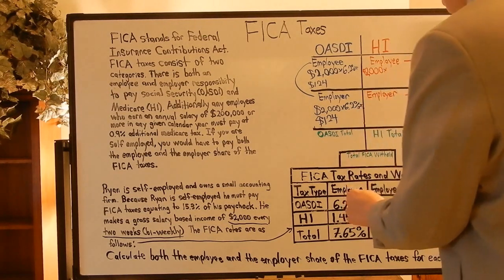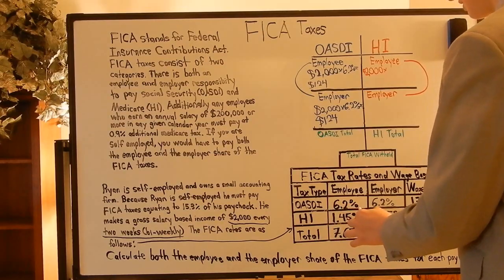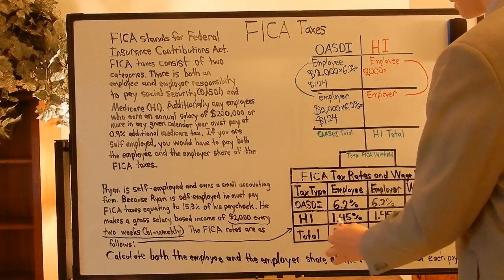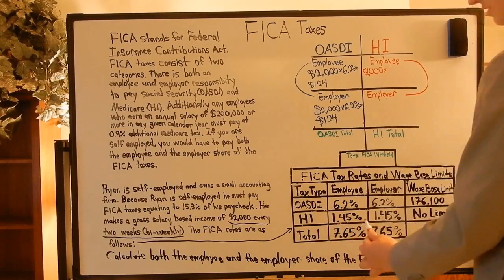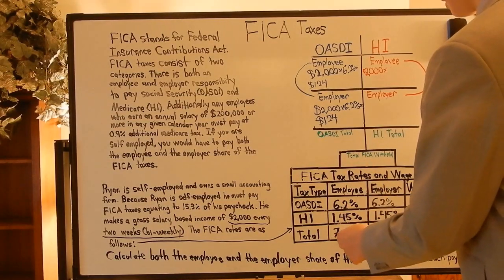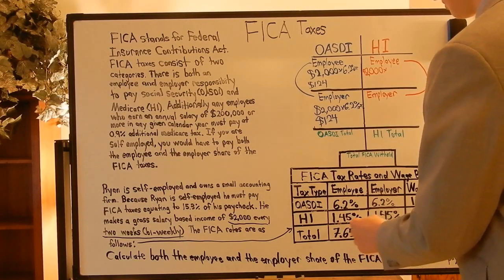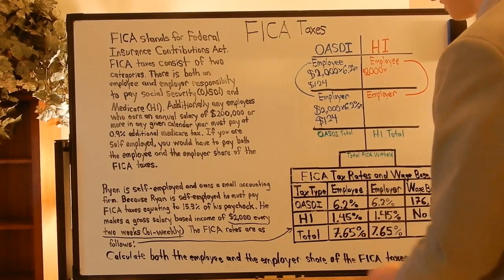For the employee, you have an OASDI rate of 6.2% and an HI rate of 1.45%. The total for the employee column is 7.65%.